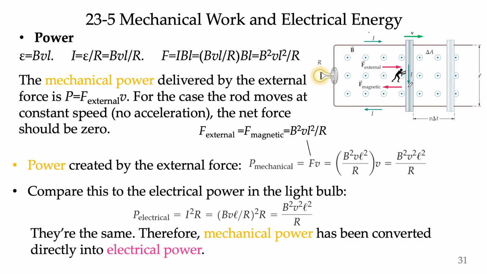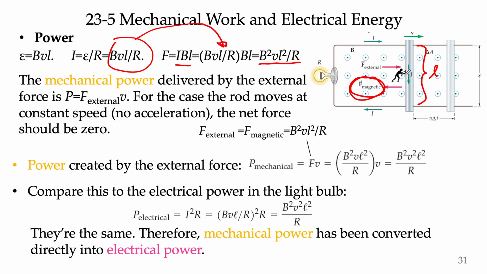If you use your right hand, your thumb is showing to the right, so this is the direction of the magnetic force. Now, what is the magnitude? We find it from the formula I times B times L, where L is the length of the rod. The current we just found here, and if you do the multiplication, the force will be B squared V L squared divided by R. So this is the magnetic force on the rod.